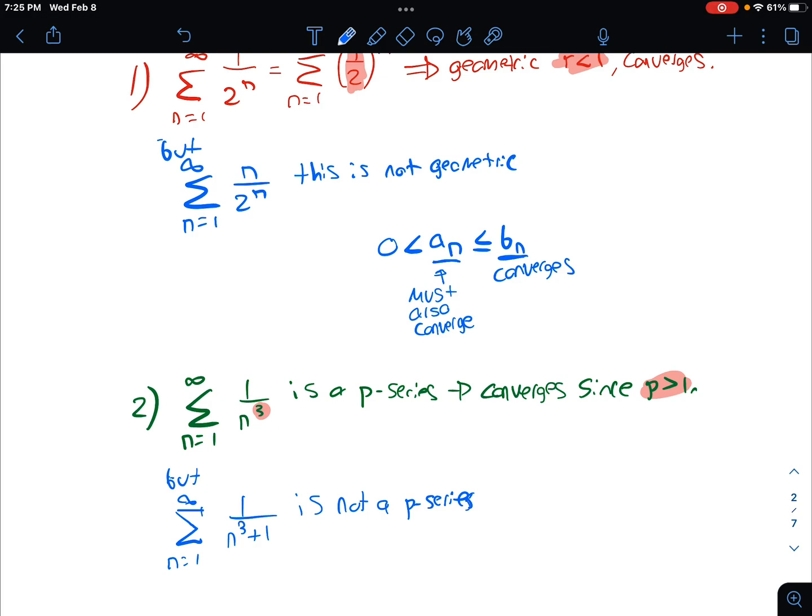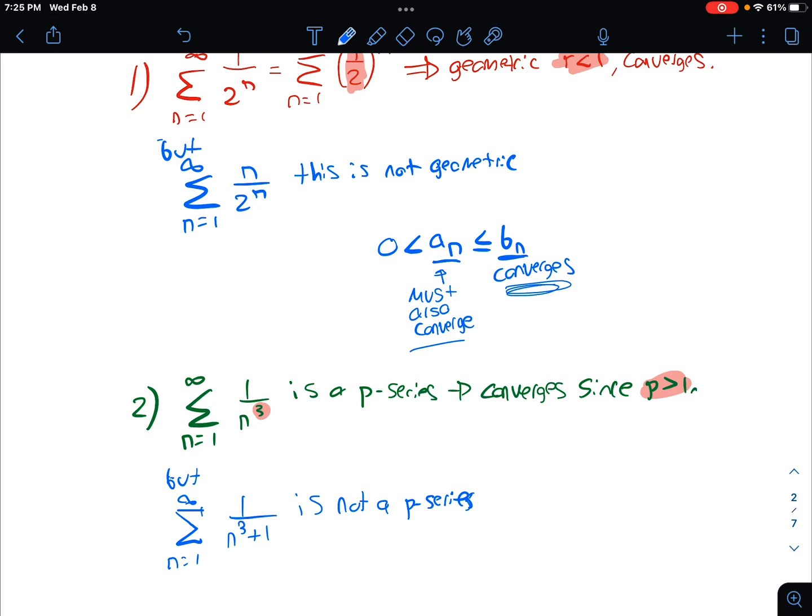So this is one of those cases where you want to compare it to 1 over n cubed. And it wants to follow that same property. Since the larger value converges, then the smaller one must also converge. And that's kind of the basic idea of the comparison test.